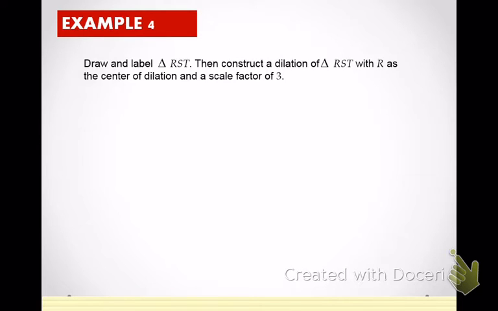You did a translation. No, there's no point there. You don't need to draw that one. The only thing you're going to move is the points S and T. So you just measure that, mark it twice. That's your new point.